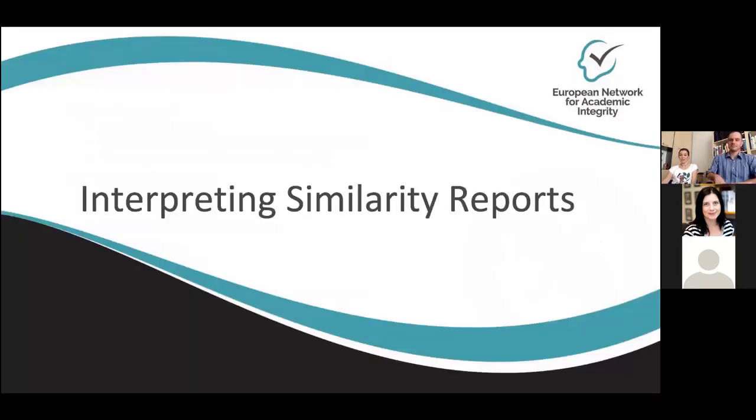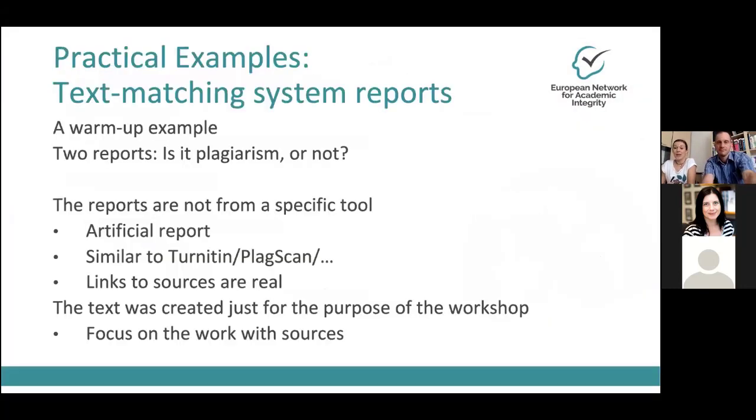So let's now take a look at the outputs of such tools. This will be the main part of today's webinar, and we will take a look at how to interpret similarity reports from text matching software when the report is a little bit tricky. We are going to work with practical examples of text matching system reports, and we will have 3 of them.